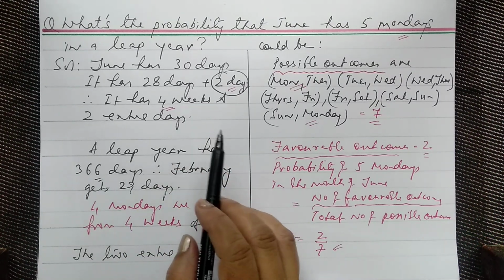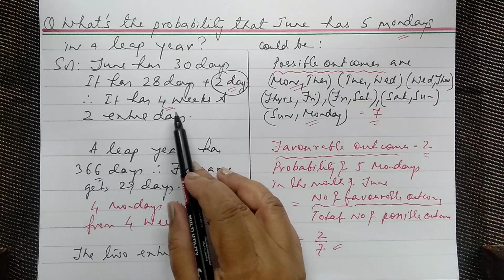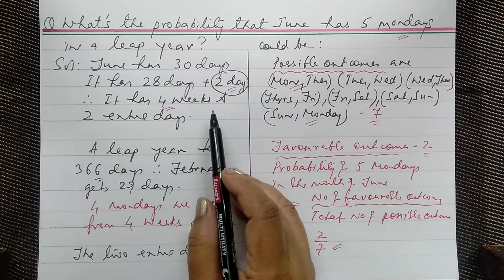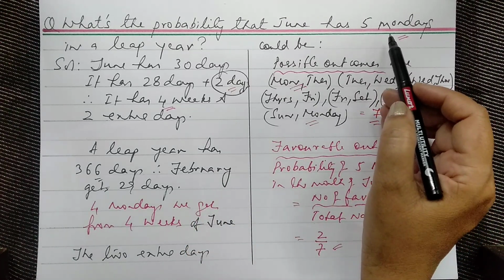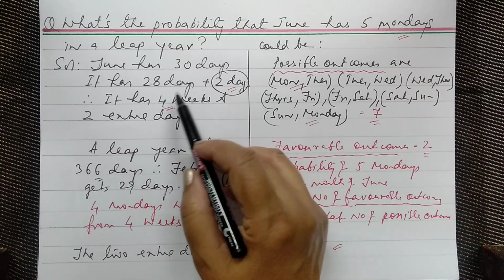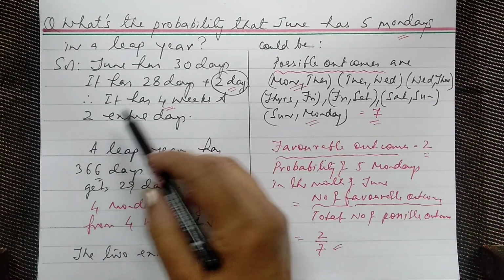Now remember guys, 4 weeks is all fulfilled by all the 7 days, which means that in June we'll already get 4 Mondays from these 4 weeks. Correct? What about the 2 extra days?